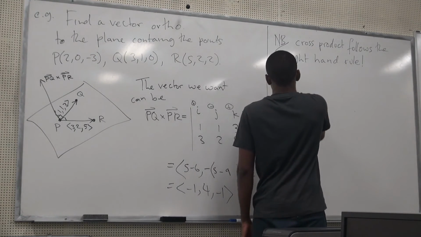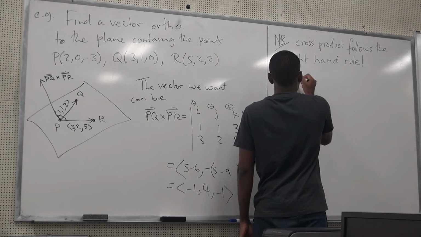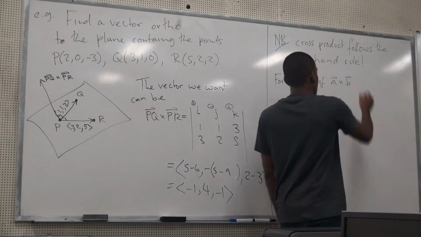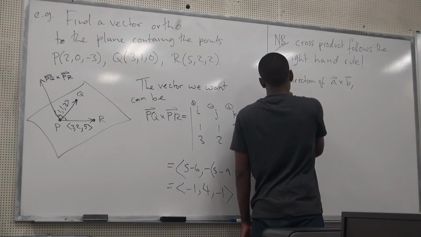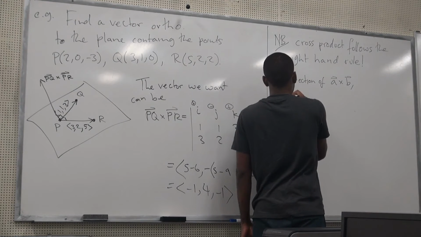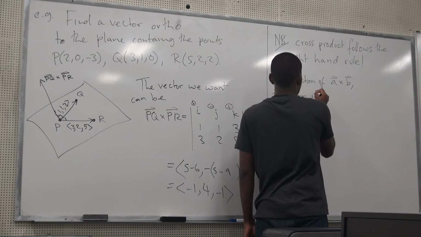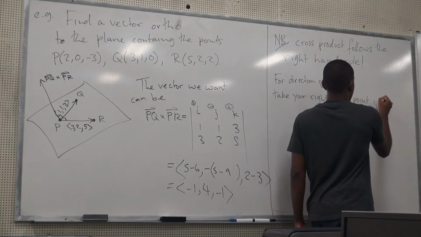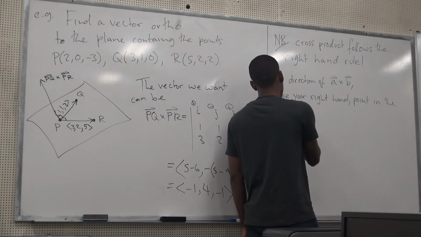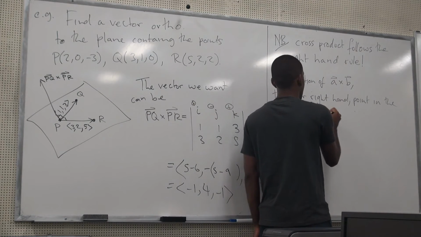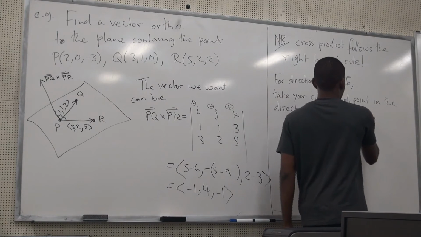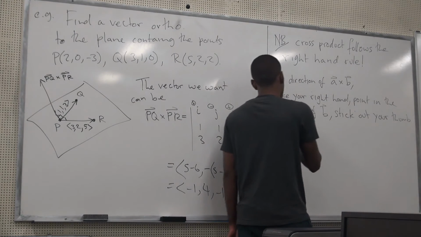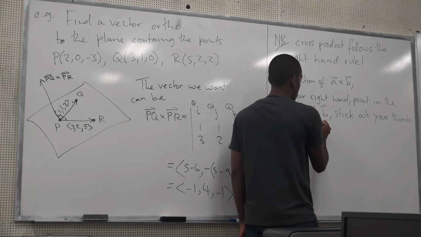So for the direction of A cross B, take your right hand, point in the direction of A, curl towards B, stick up your thumb. The direction of your thumb is the direction of A cross B.